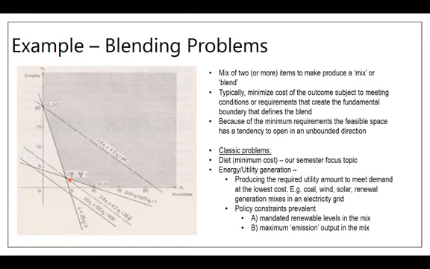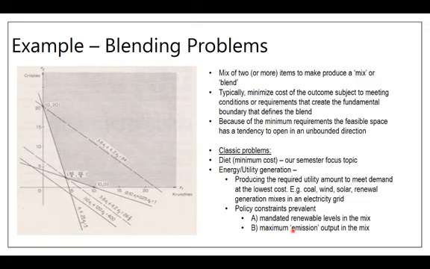They have to decide what they're going to purchase and what kind of mix they're going to do. If there's a policy that says 20% of your output needs to be based on renewable resources, then that's a hard policy constraint that may not actually match up to any physical limitation of the firm.